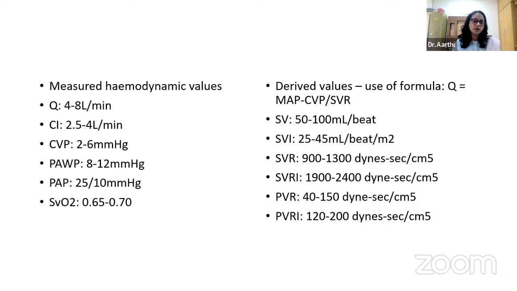Central venous pressure is documented using the right atrial port, and the pulmonary artery wedge pressure is documented when the pulmonary catheter is wedged, and pulmonary arterial pressures are monitored. Also the mixed venous oxygen saturation and central venous oxygen saturation can be obtained using the pulmonary artery catheter. From these measured variables, the derived variables like stroke volume index, systemic vascular resistance, and pulmonary vascular resistance are calculated using the formula.